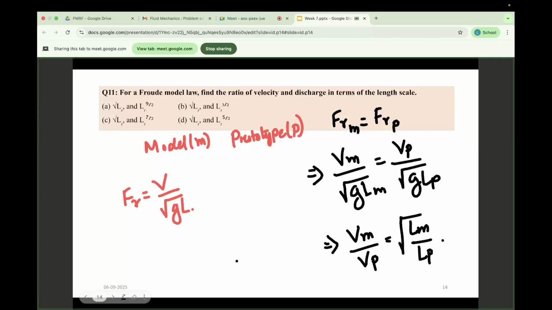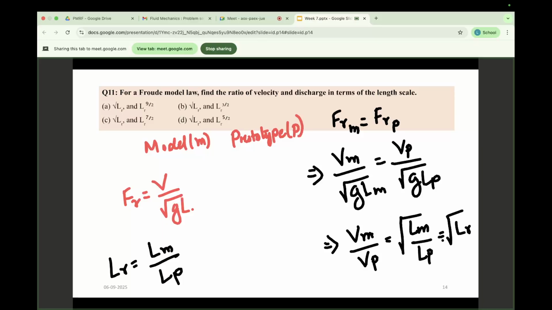What is LR? LR basically is the length scale. Just remember, length scale basically means the ratio of the length of model by length of prototype. That is, the smaller length by the larger length. So if it is LR, I can write this as root LR.